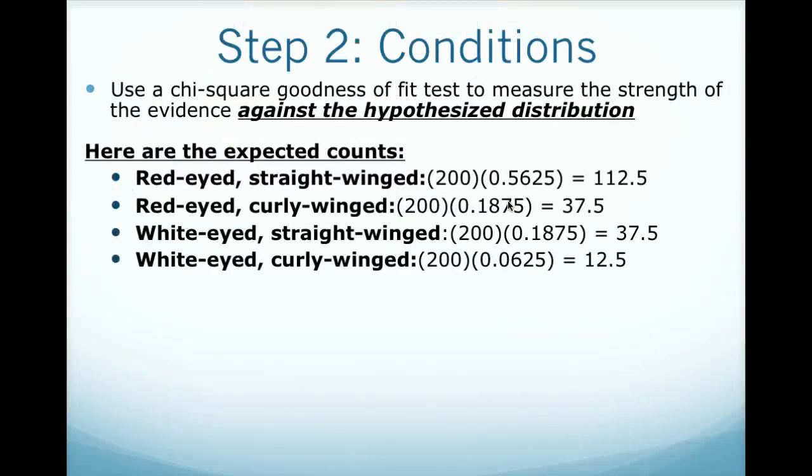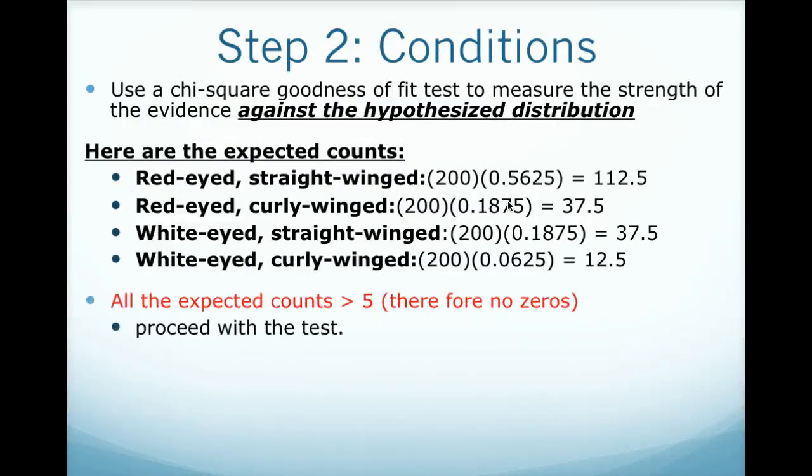Now my conditions. Notice all of my expected counts out of my sample of 200 flies: 56.25% of them should have been red eye straight wing. So I would have expected to see 112.5 of these 200 fruit flies with red eye straight wings.